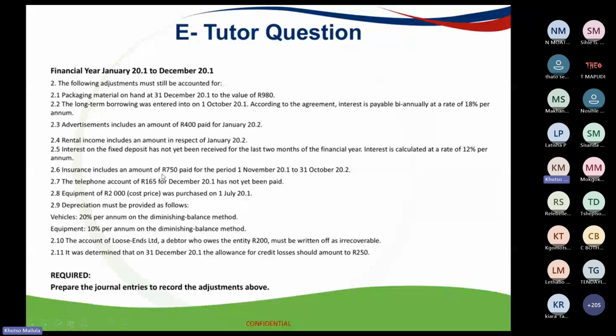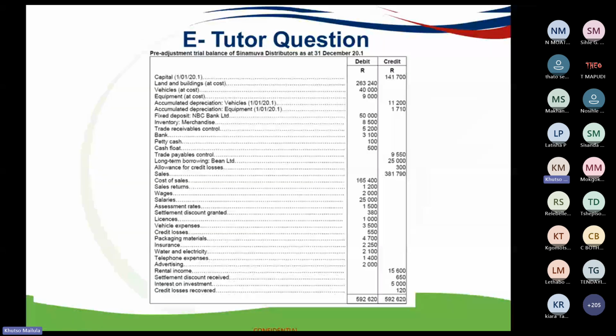If we look at our insurance, our year end is 31 December 2001. So our insurance includes the current year portion, which is November to December, and then the last 10 months. Can someone write in the chat box how we would actually do it?